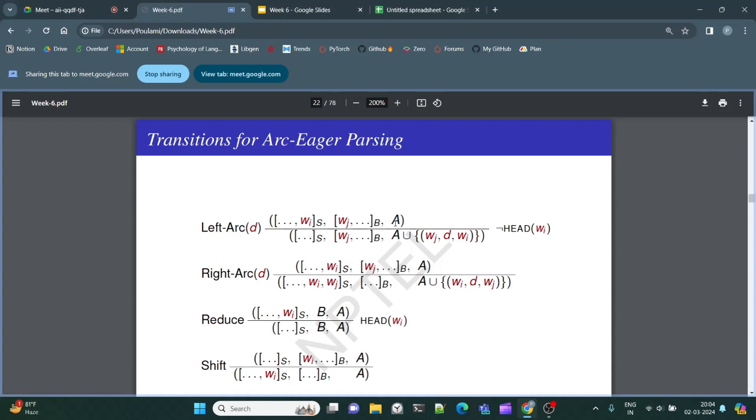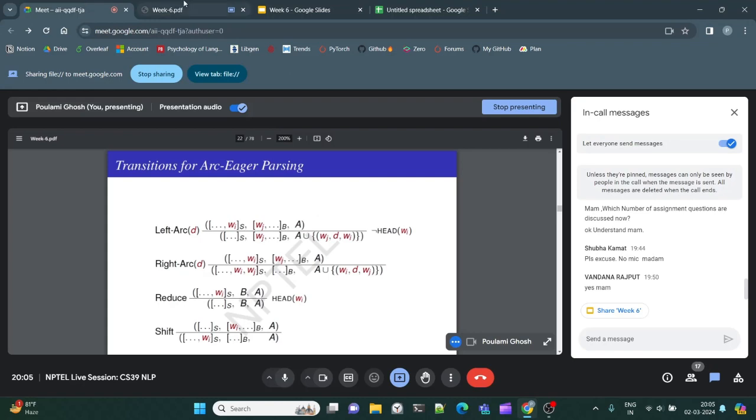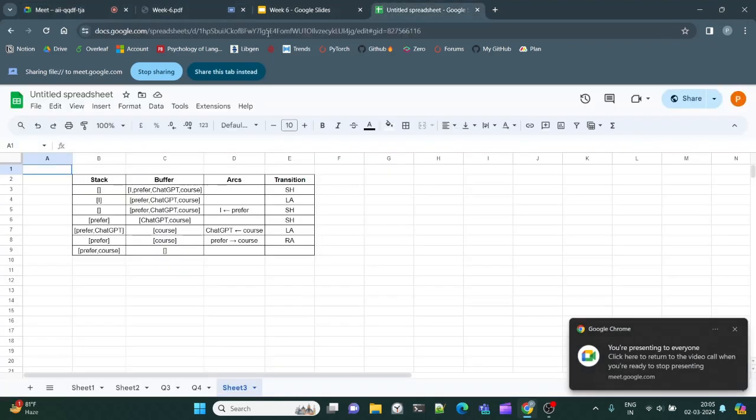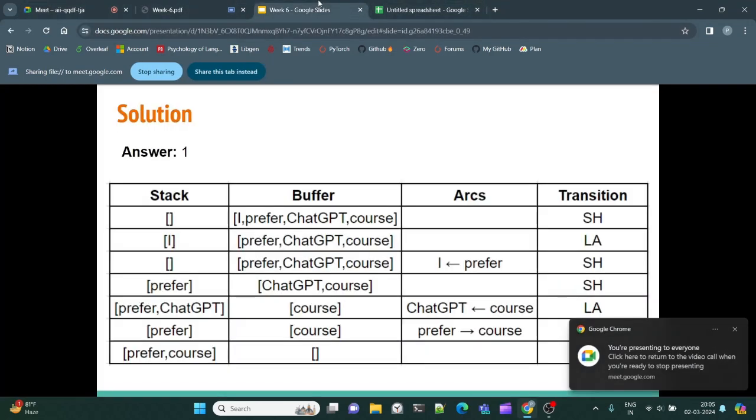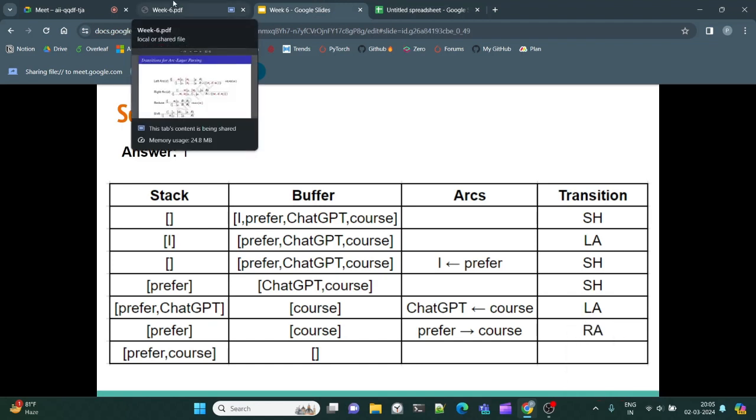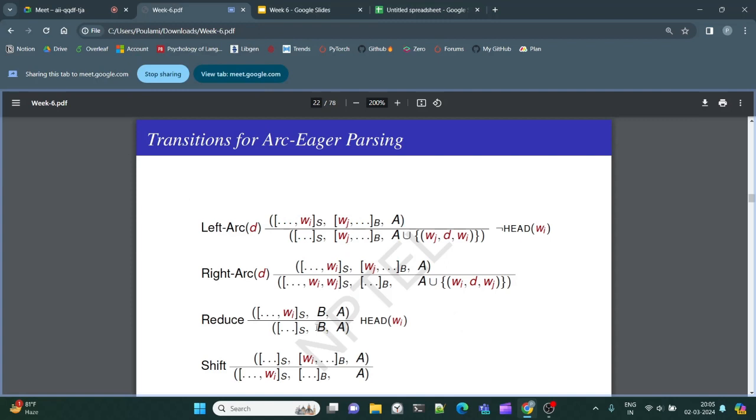A is the list of arcs that we are maintaining, so we simply add the left arc that we just now found. So that would be the configuration that I get after the left arc transition. Is it clear, Vandana?